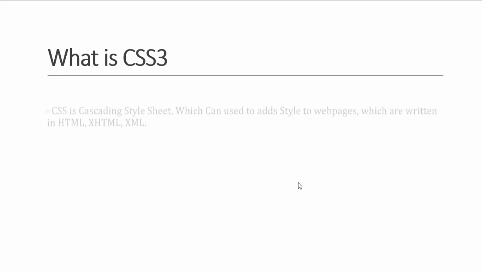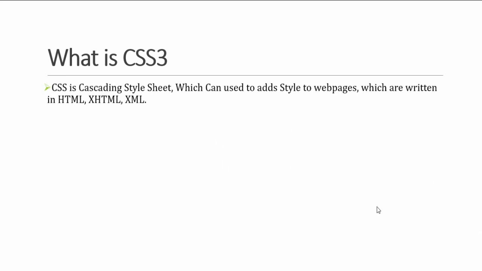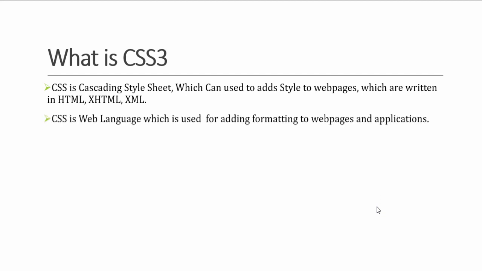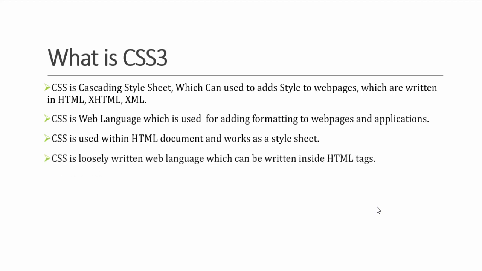Basically, CSS stands for Cascading Style Sheet, which can be used to add style to web pages written in HTML, XHTML, and XML. CSS is a web language which is used for formatting web pages and applications. CSS is used within HTML documents and works as a style sheet.